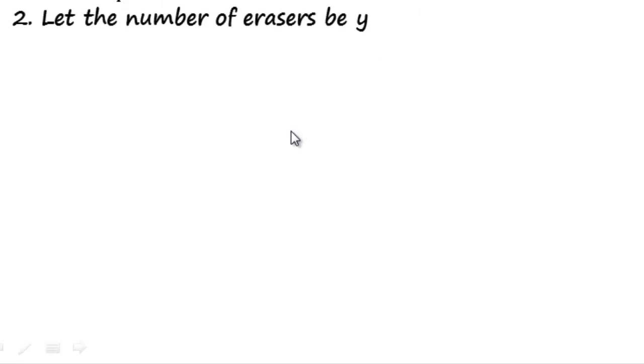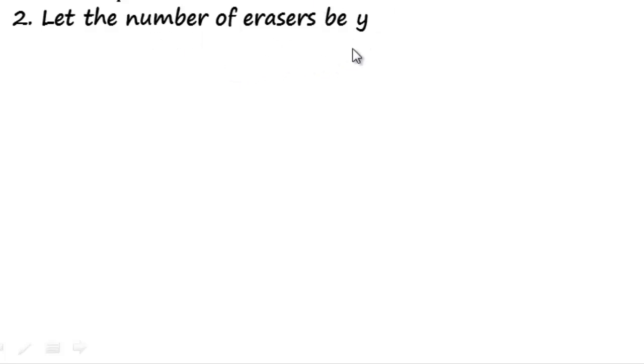It says the average cost of a number of erasers is 50 kobo, and now we represent the number of erasers by y. The statement means that the number of erasers is not specifically known, and you are using y to represent it.